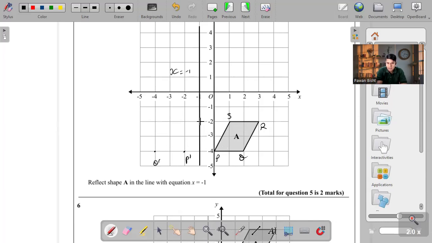S is 2 units right from here, so 2 units left, S dash. And R is 1, 2, 3, 4 units right from this line, so 4 units left. This will be R dash. Now join this.